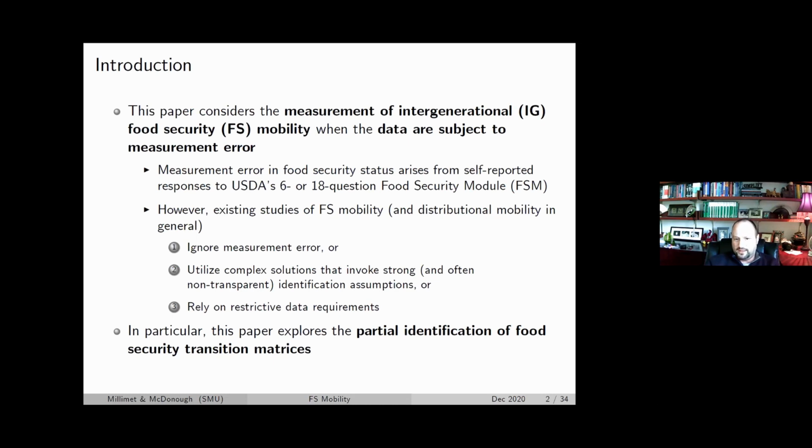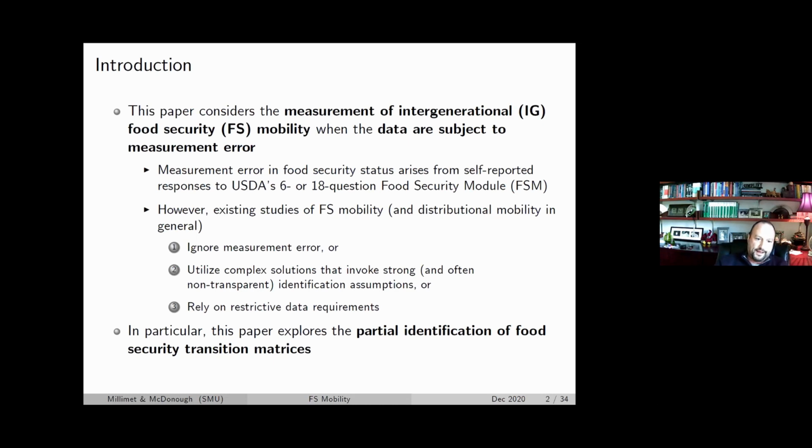And then depending on how many yes or no answers there are to these 18 questions, the USDA has categories that they assign households to. There are 4 categories. They've changed the naming over the years, but the worst off category is called very low food security. And then there's low food security, then marginally food secure, and then food secure.